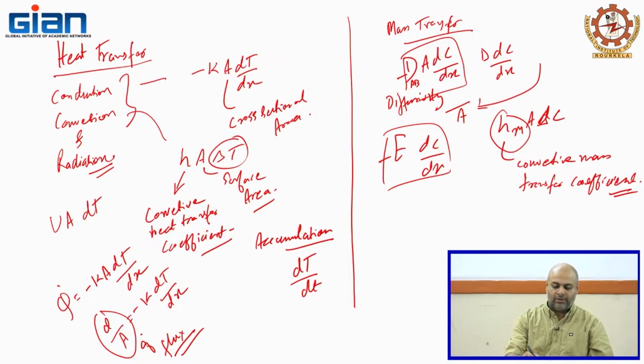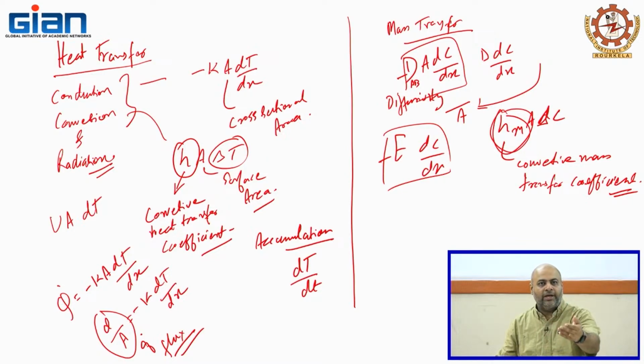Now, the h on your heat transfer side is a convective heat transfer coefficient, and the h_m is a convective mass transfer coefficient. If I provide you with the h_m value or the h value, you are okay to solve any type of scenario with respect to convection. If you are not provided with the h value, how do you estimate it?